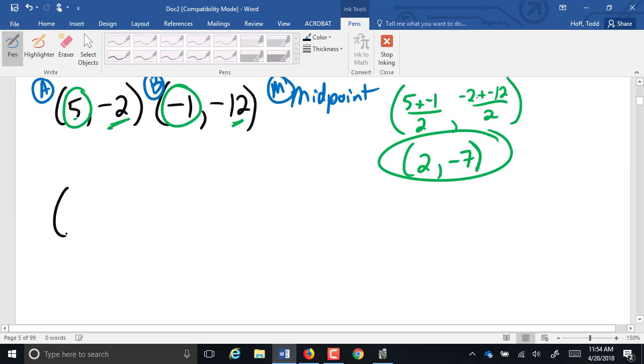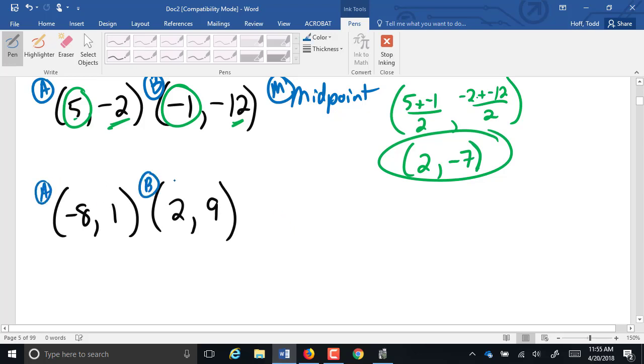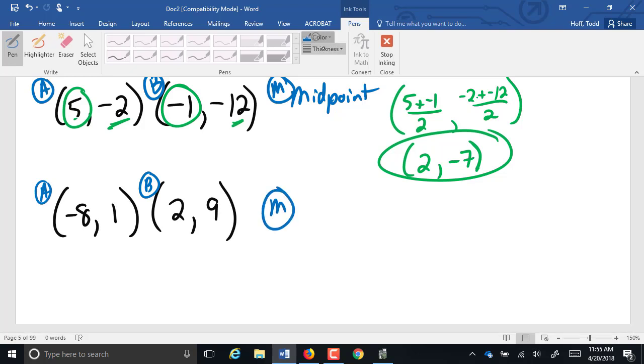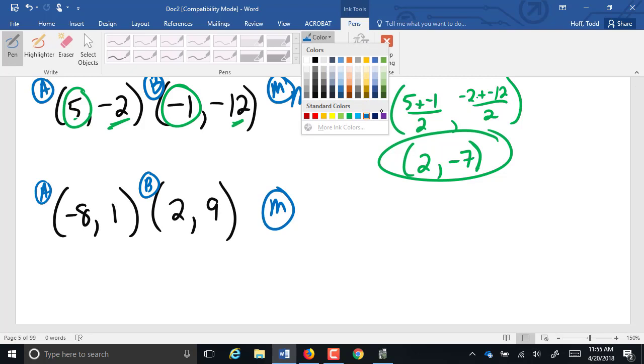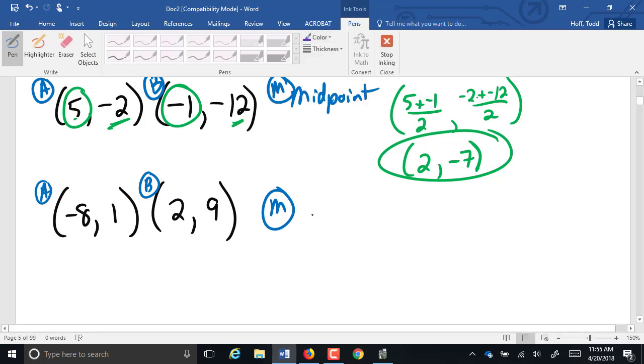We'll do one more example there. Let's do a -8, 1, and 2, 9. Find the midpoint of that. So if those endpoints A and B, our midpoint will become the x-coordinate. Again, we use the x-coordinates out of the two endpoints.